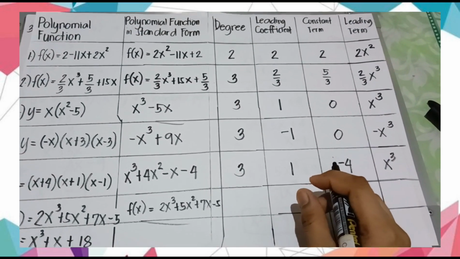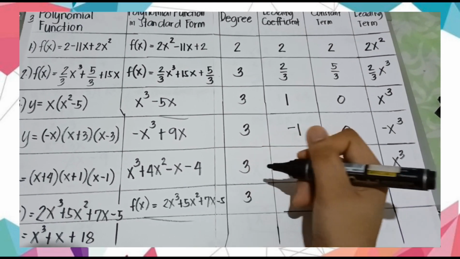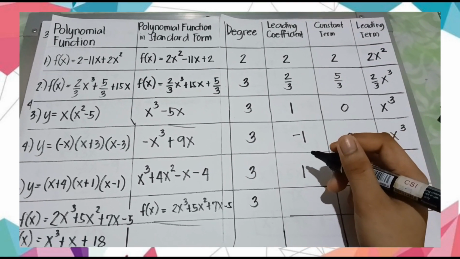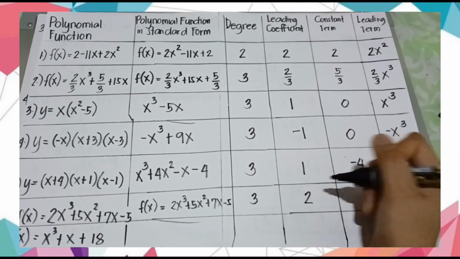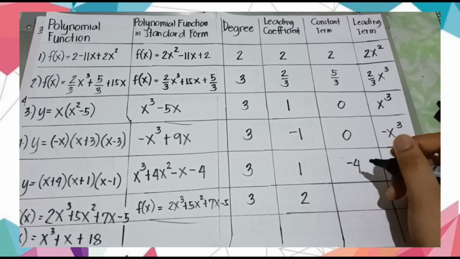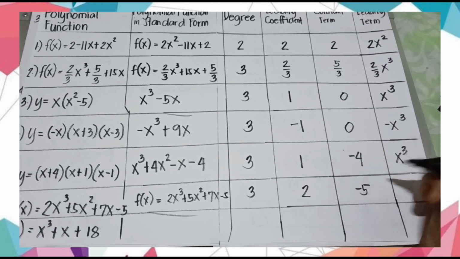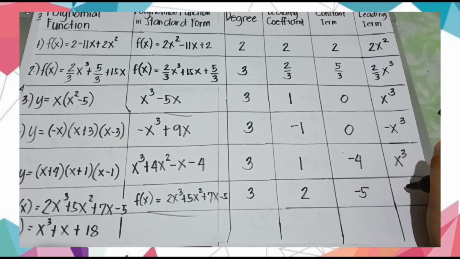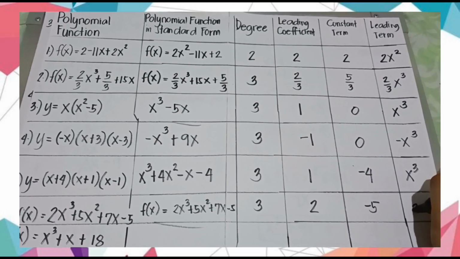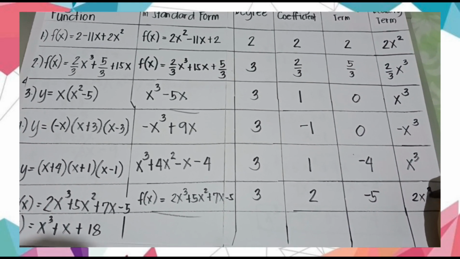That is the standard form. The degree of this function is 3. The leading coefficient is 2. The constant term is negative 5. And the leading term is 2x cubed.